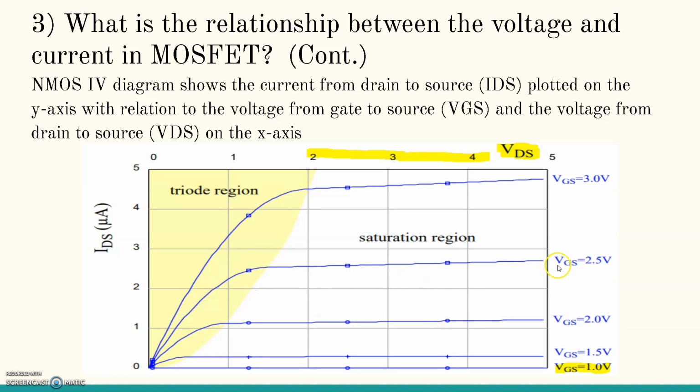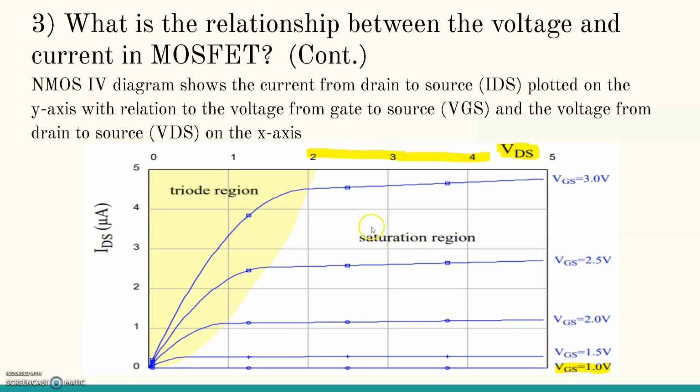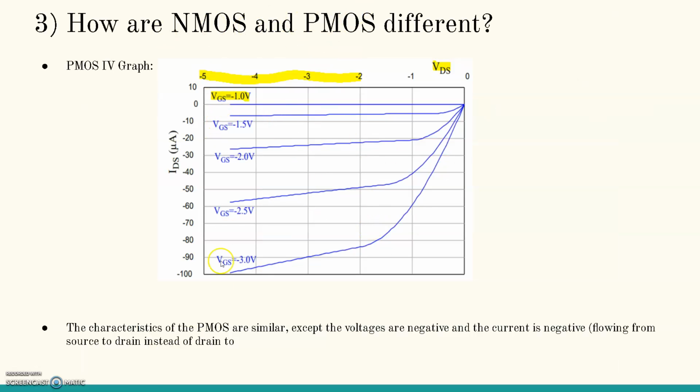So it basically can't increase the current anymore unless you increase VGS and VDS. And so this is also the PMOS. So this was NMOS. The only difference between NMOS and PMOS is that the voltages required are negative. The current is also negative, so instead of going from drain to source, it's going from source to drain.